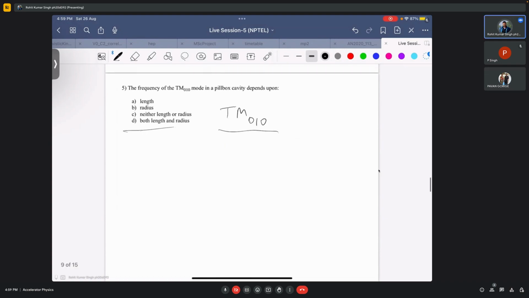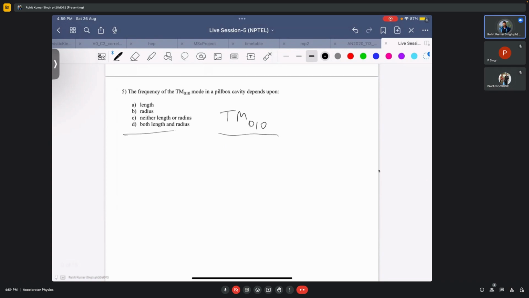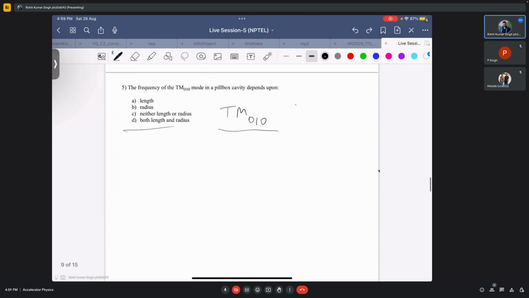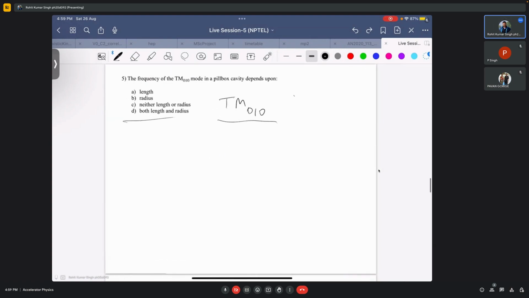For this you need to know the formula, but I am not able to write properly. I'm having some problem with the pencil. Let me try.